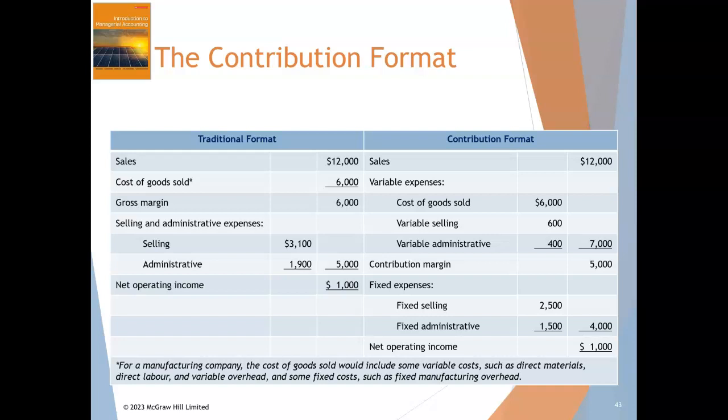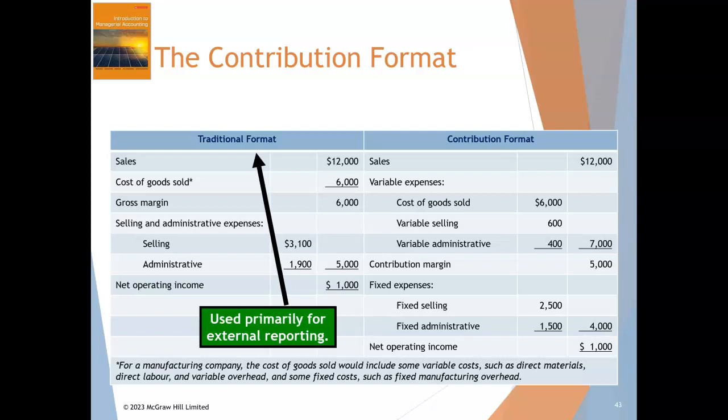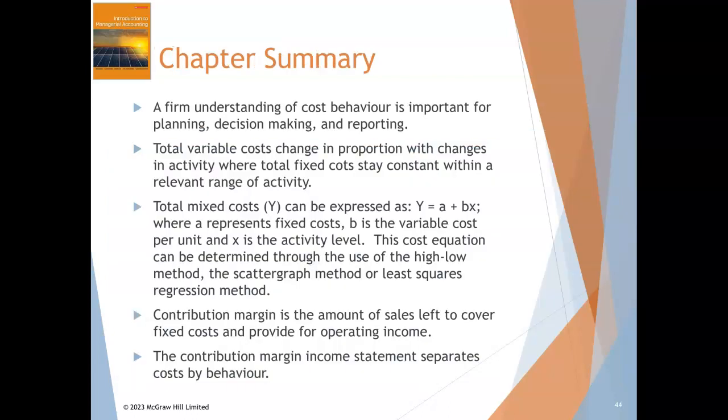Minus fixed expenses like fixed selling and fixed administrative equals net operating income. For a manufacturing company, the cost of goods sold would include some variable costs, such as direct materials, direct labor, and variable overhead, and some fixed costs, such as fixed manufacturing overhead. Traditional format is used primarily for external reporting, and contribution margin format is used primarily by management.